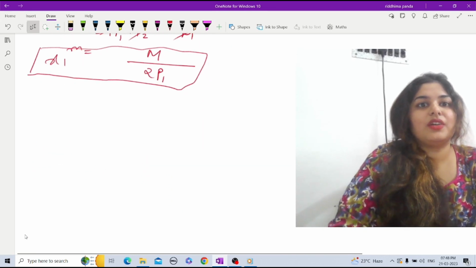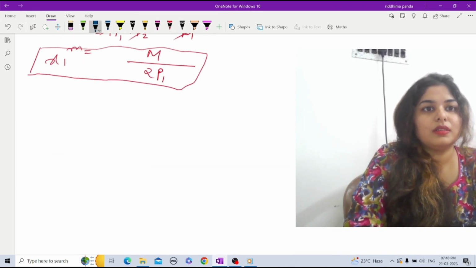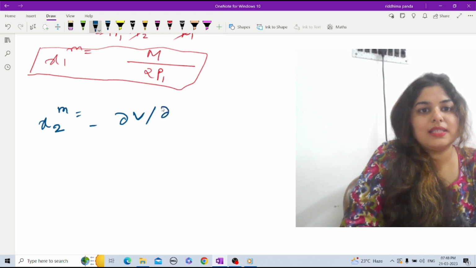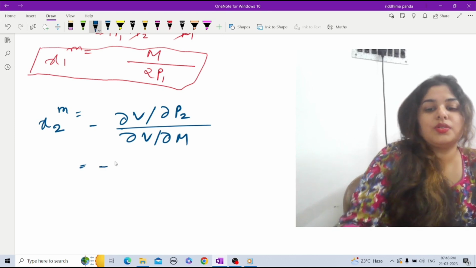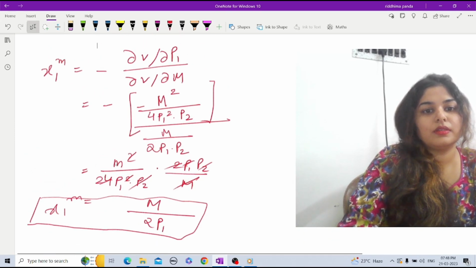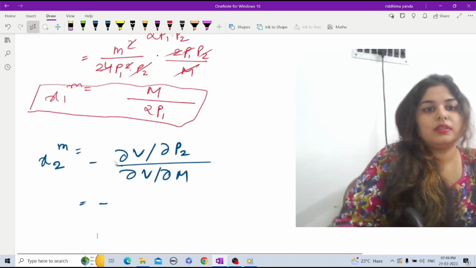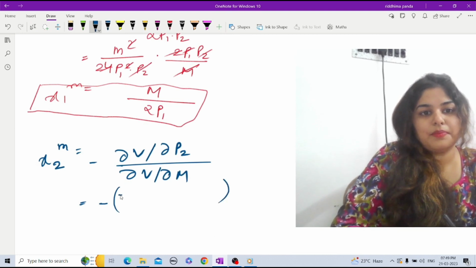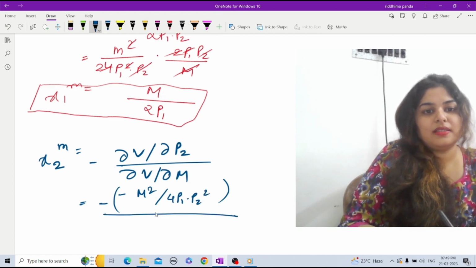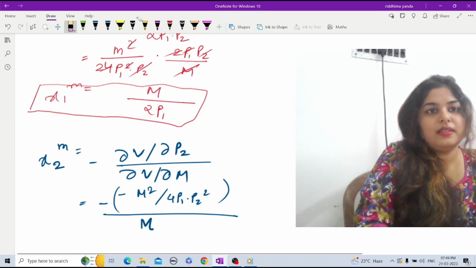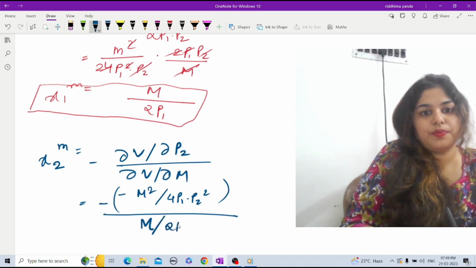Similarly, for the second one, we are going to calculate X2M is equal to minus delta V by delta P2 divided by delta V by delta M, which is equal to, let's put the values, minus M square by 4 P1 into P2 square divided by M by 2 P1 into P2.